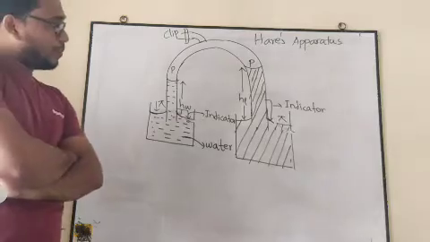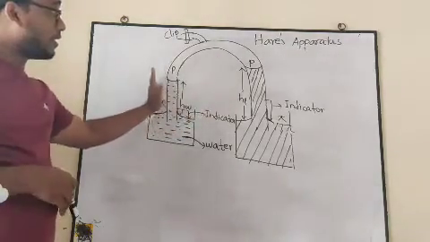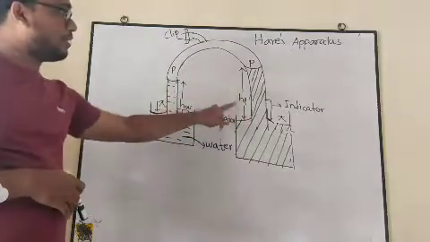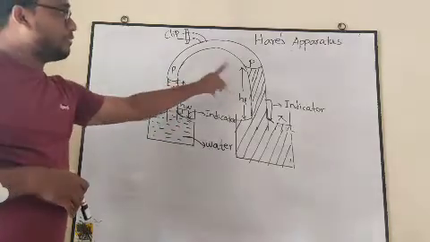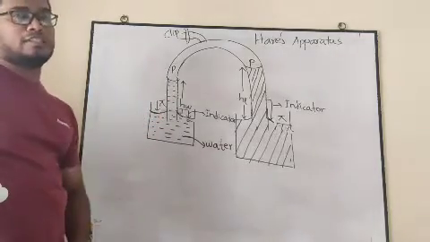So this method is here. There are two tubes, so two liquids are used, and the two liquids are connected by what? The tubes. Here you should know that we can use miscible liquids.